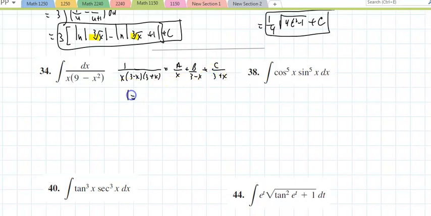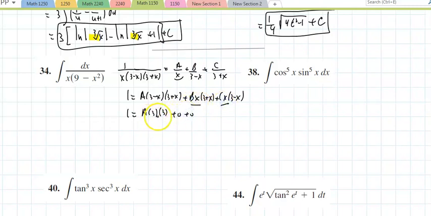So 1 equals a into 3 minus x into 3 plus x plus bx into 3 plus x plus cx into 3 minus x, and the traditional, let x equal 0, 1 equal a times 3 times 3, that's a 0, and that's a 0. So I get a to be 1/9.